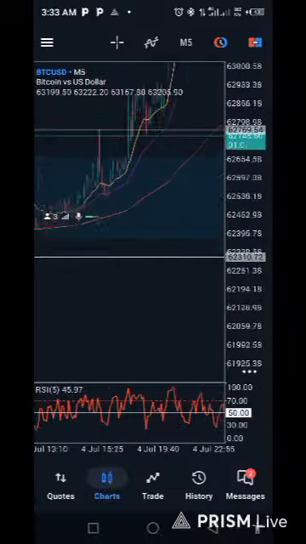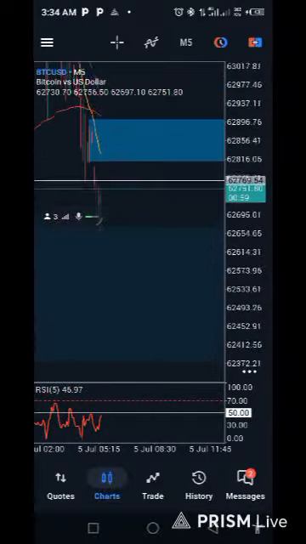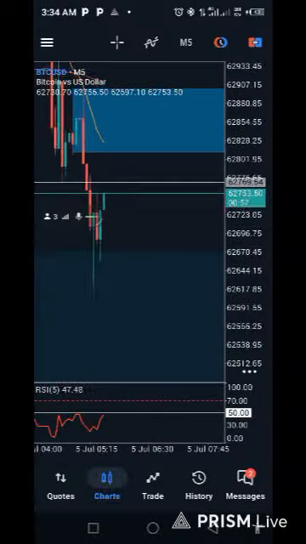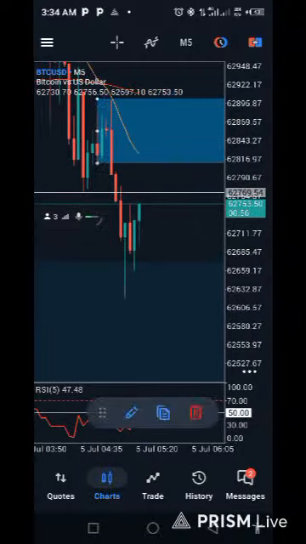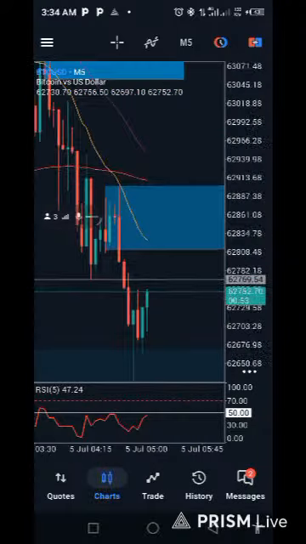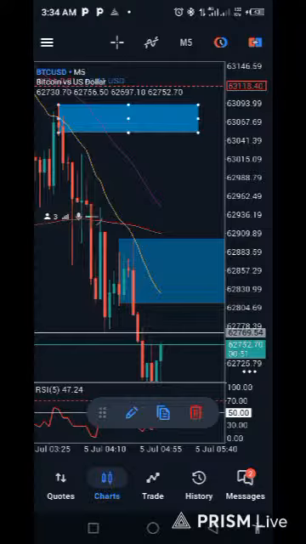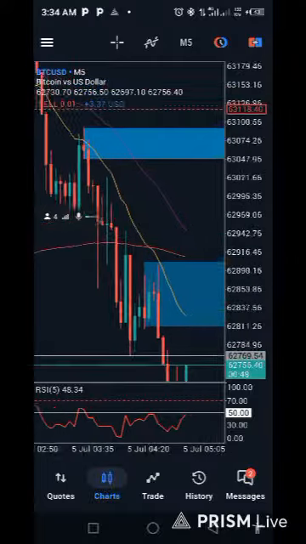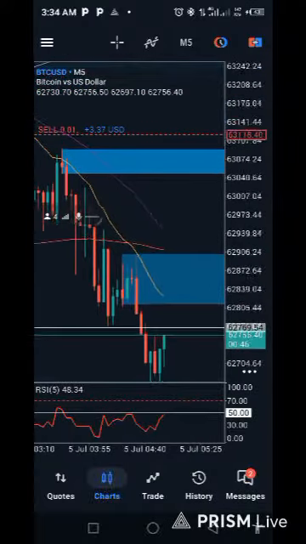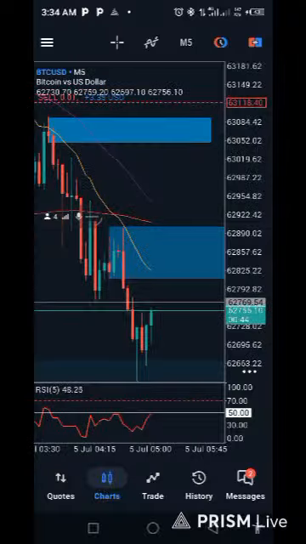So for now, let's see what we are talking about. I said it's going to come to this other block up here, or the one at the top. But overall this trade is a downtrend.